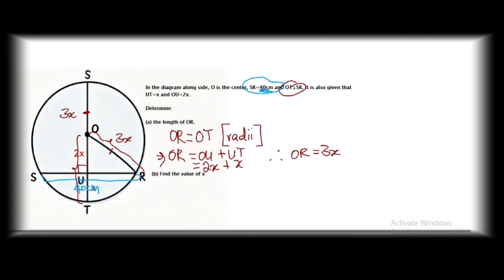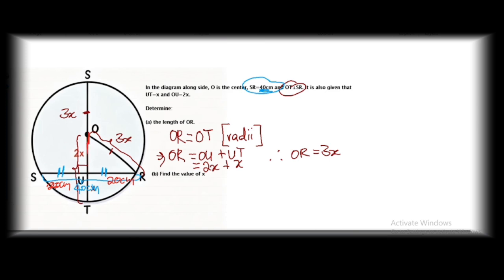It divides this chord into two equal sides, making SU equals to 20 centimeters, and UR is also 20 centimeters, since this chord is being divided into two equal halves.